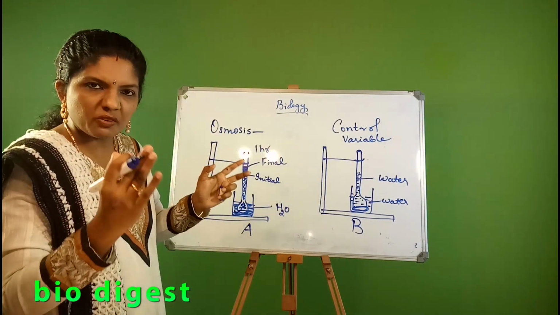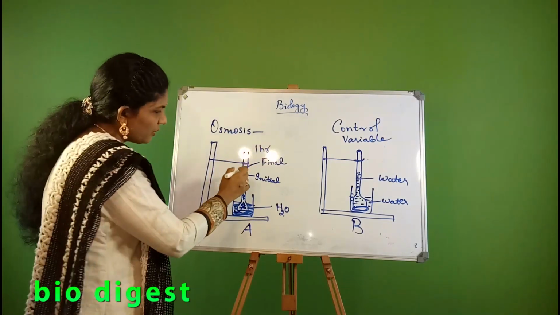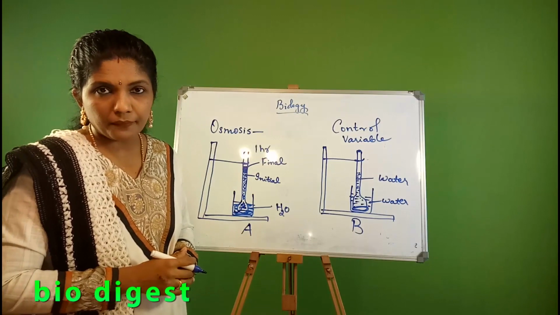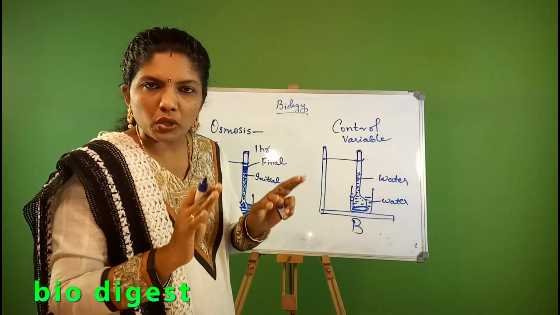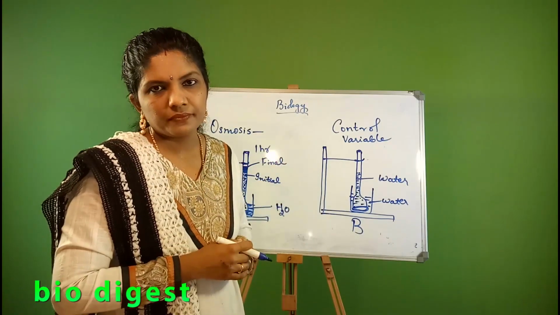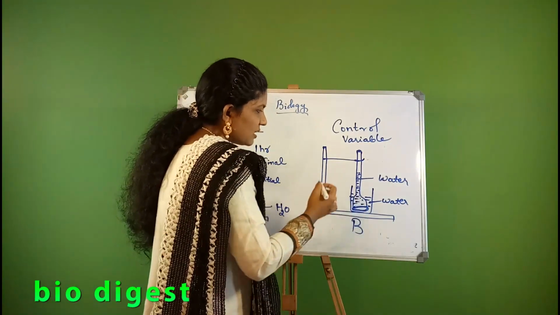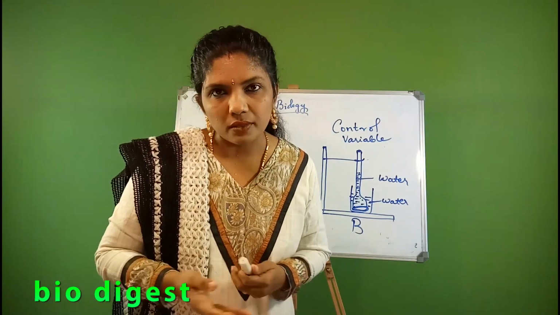What will be your observation? In experimental setup A, there will be an increase in the level of sugar solution after 1 hour. But in experimental setup B, the level of the water inside the thistle funnel will remain unchanged. What is the reason? It is because inside the thistle funnel and outside the thistle funnel it is containing water.